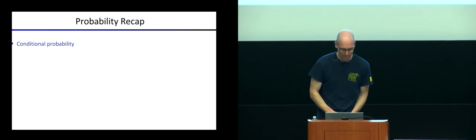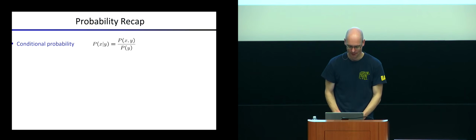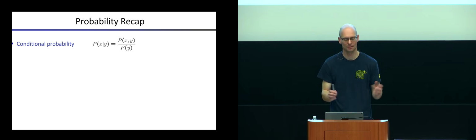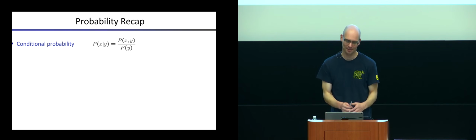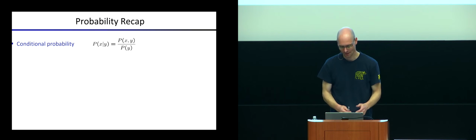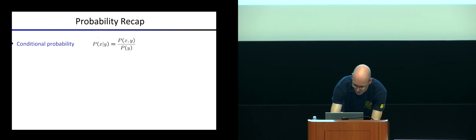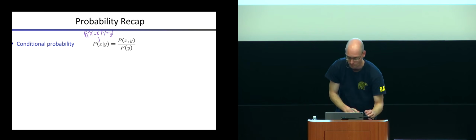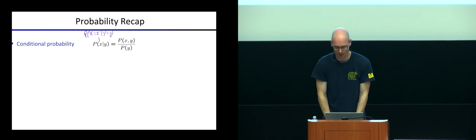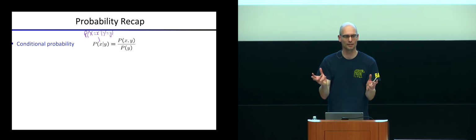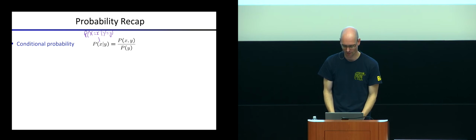Quick recap. Conditional probability. The conditional probability of capital X taking on value small x, which we shorthand this way, is a shorthand for the probability that random variable x takes on the value small x, given random variable y took on the value small y. So the conditional probability of x given y is the probability of them occurring together divided by the probability of y.